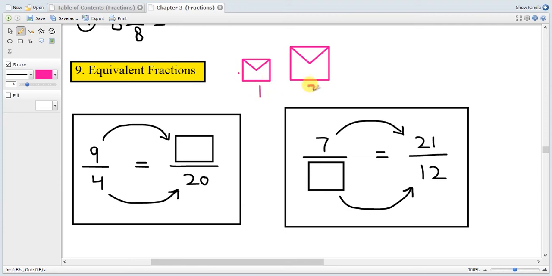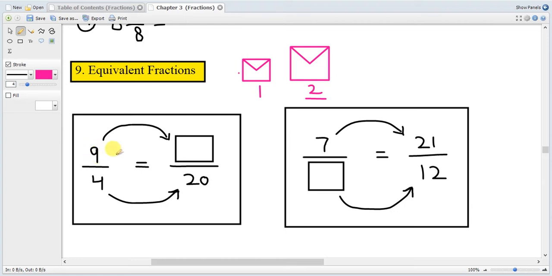So this is the first envelope, this is the second envelope. Now what is the difference? Both of these two envelopes are the same, but the only difference is that my second envelope is 2 times bigger than the previous envelope, right? So this is the same concept as equivalent fractions. The second envelope is equivalent to the first envelope, but its size is 2 times bigger. A similar concept is going to be used in these questions.